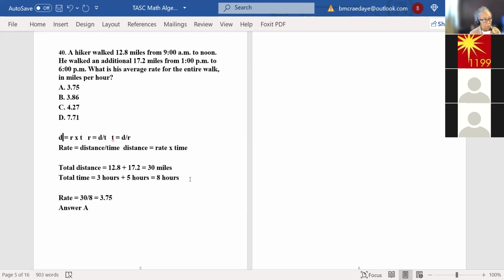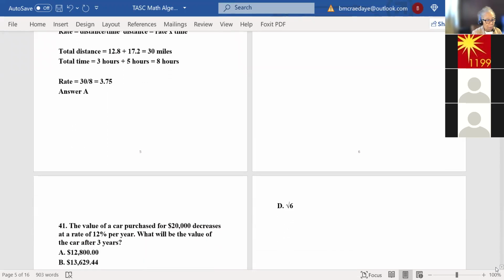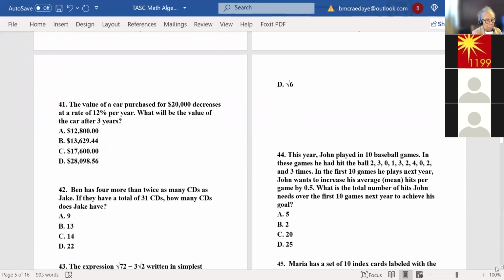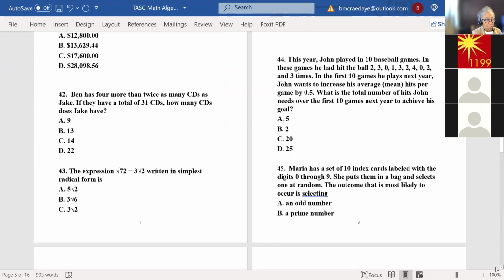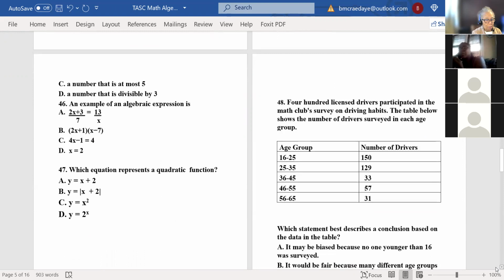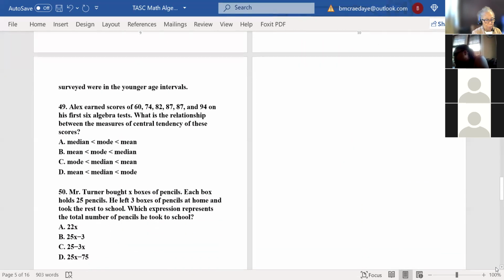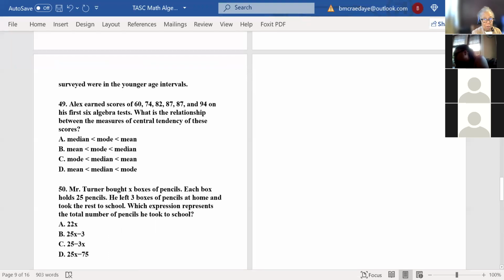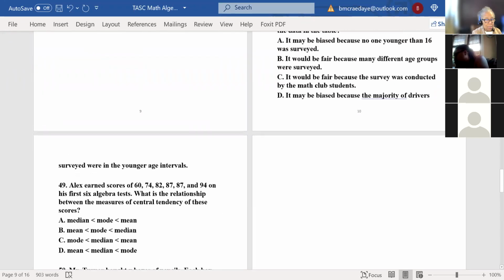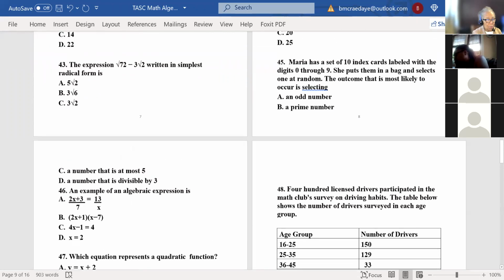Let's see how many we have left. We don't have that many left. 41, 42, 43, 44, 45. Okay, well, we have 50. So homework, let me tell you which ones I need you to do for homework.